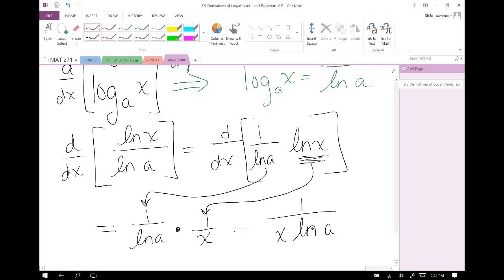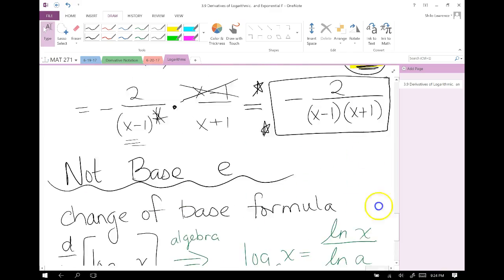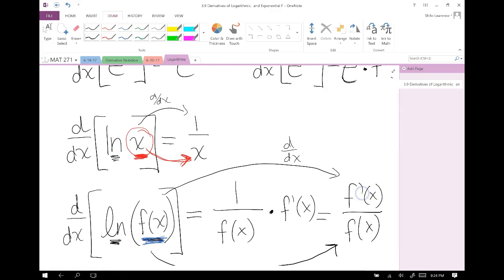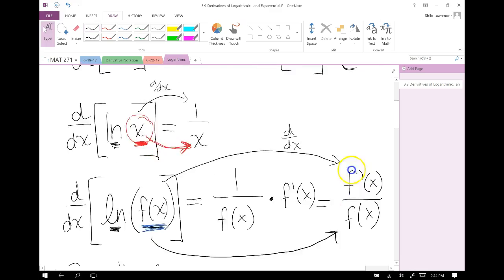If you look back and see how this differs from our basic derivative for natural log, the only thing different is this: back at the top, we said the derivative for natural log of x is 1 over x.